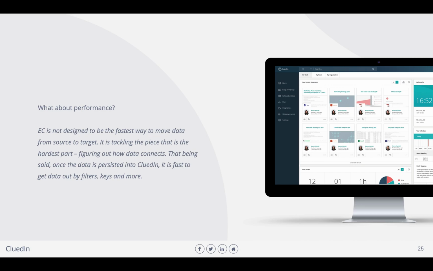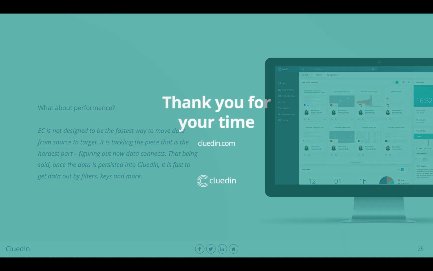That being said, once data is actually persisted into CluedIn, it is immensely fast to pull data out of the system. Obviously, the fact that we index and filter and look up via keys is all indexed in a way that makes it super fast to leverage data out of us.